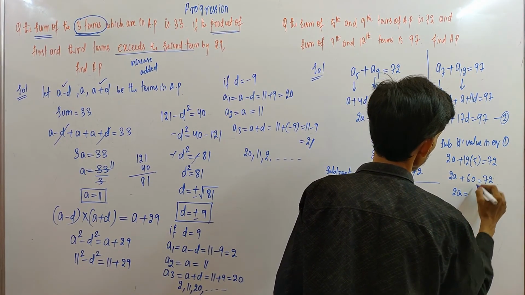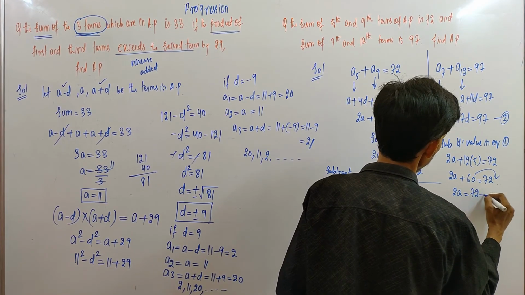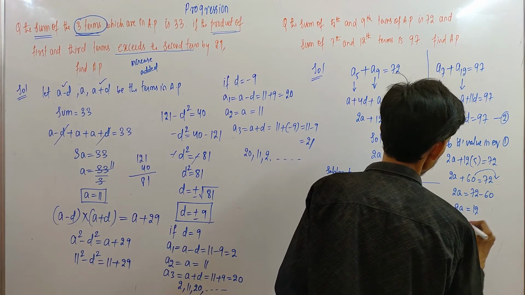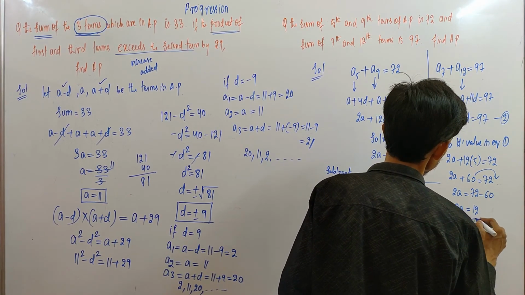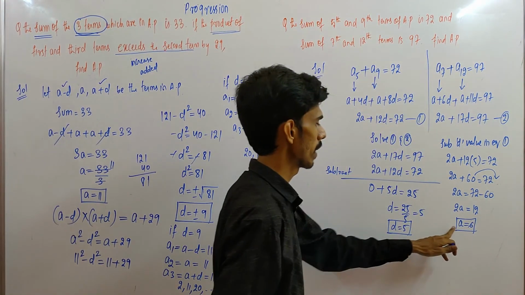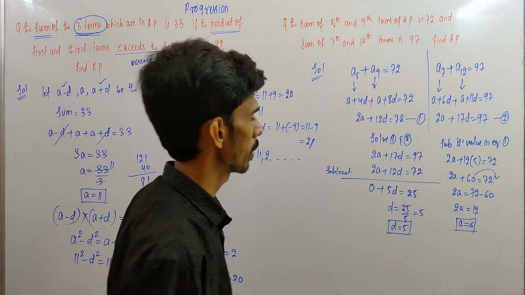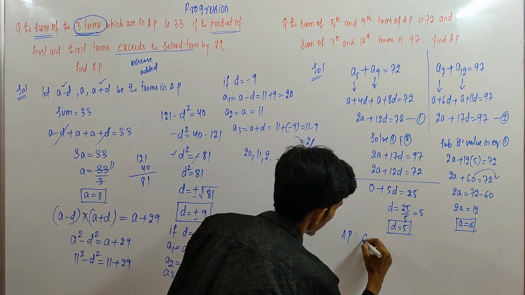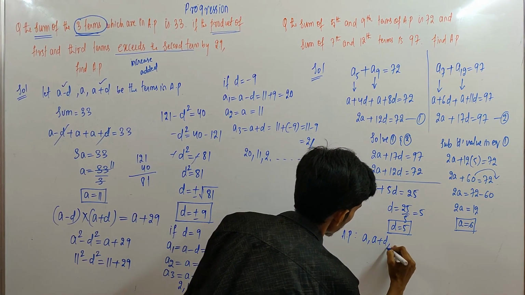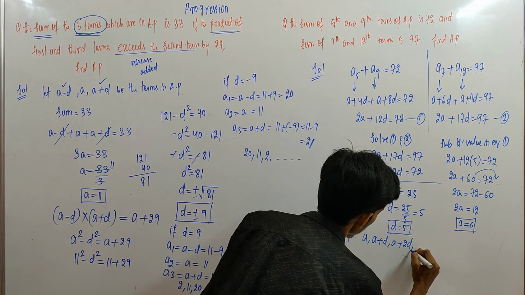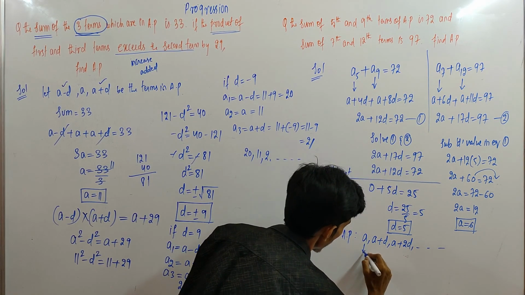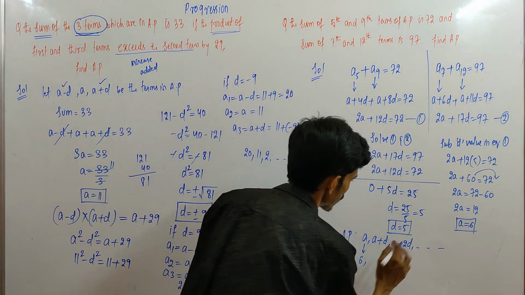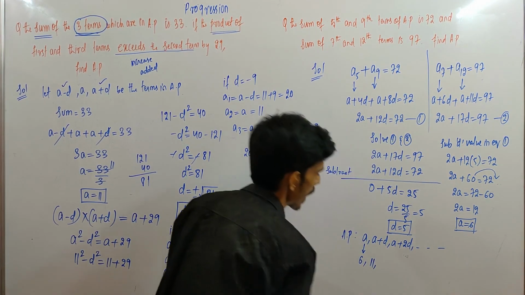So 2a is equal to 72 minus 60, that is 12, so the a value will be 6. We got the a value and d value. An arithmetic progression means AP. The first term will be a, next a plus d, next a plus 2d, and so on. The a value is 6, a plus d means 6 plus 5, 11. Now add 6 to this.